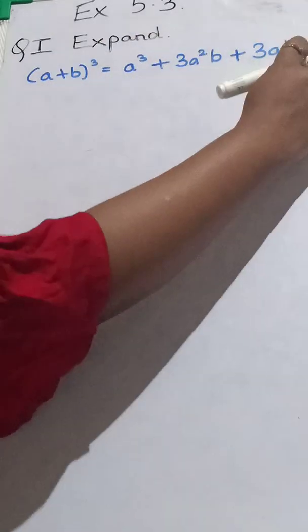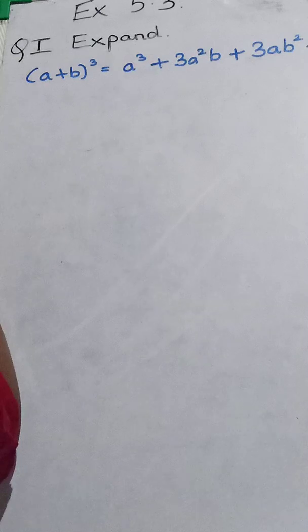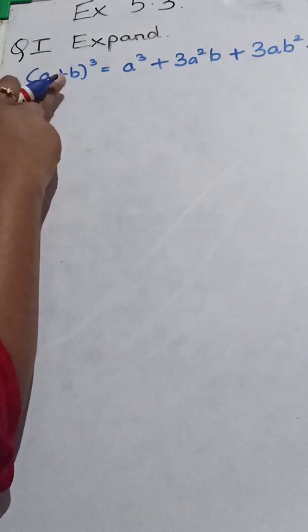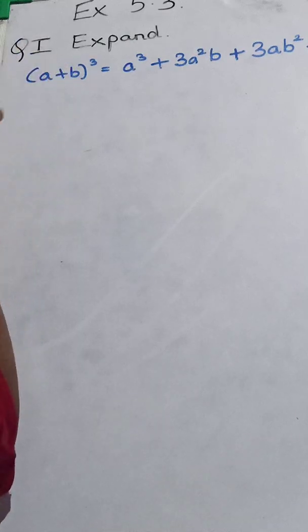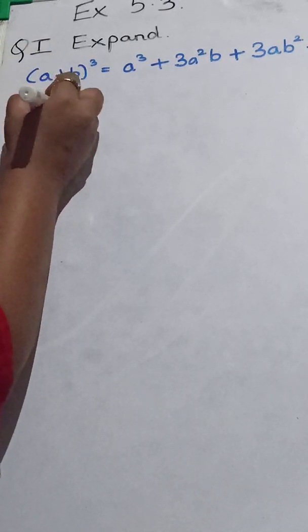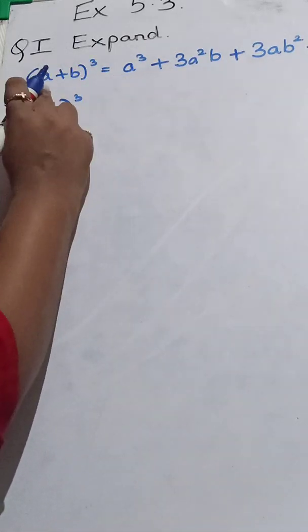This was the formula that we used for exercise 5.2. Today what we are going to solve is (a minus b) cube.